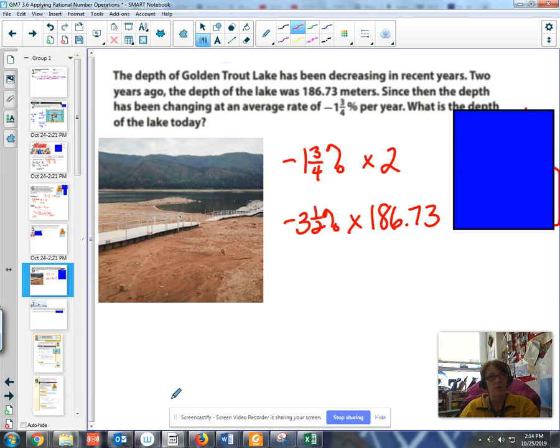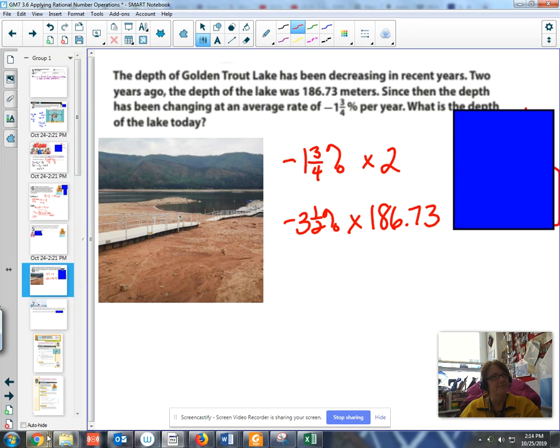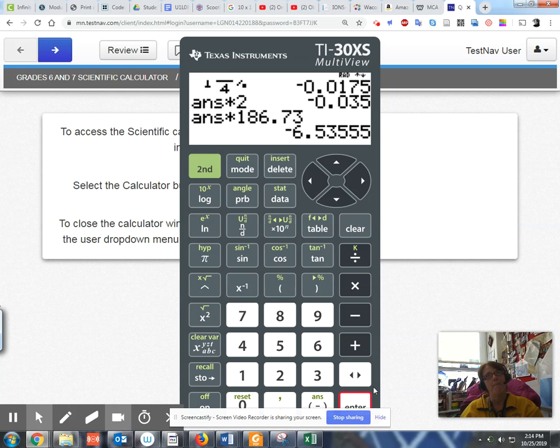So let's do it on the calculator and see if my actual answer is in the ballpark. I'm going to take this value times 186.73. Boom.